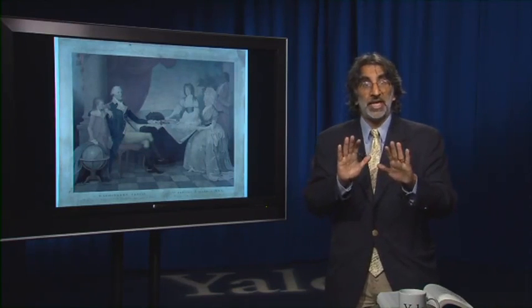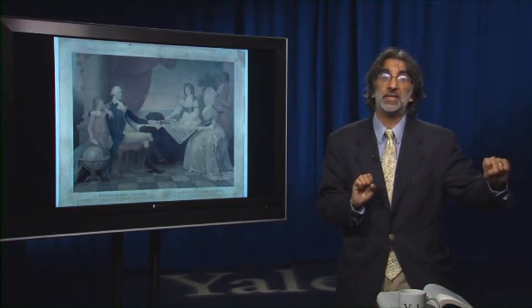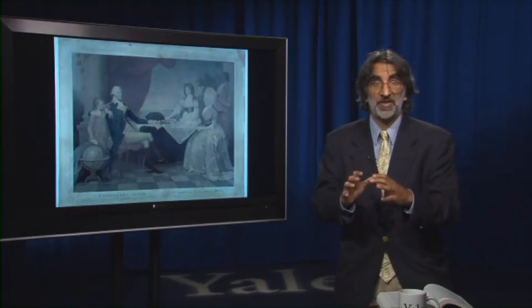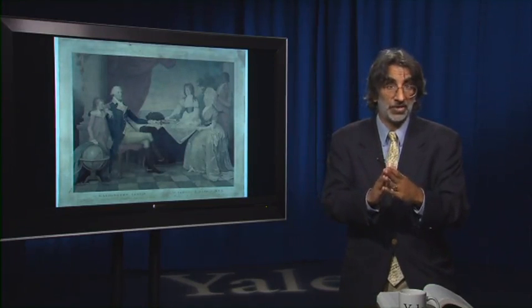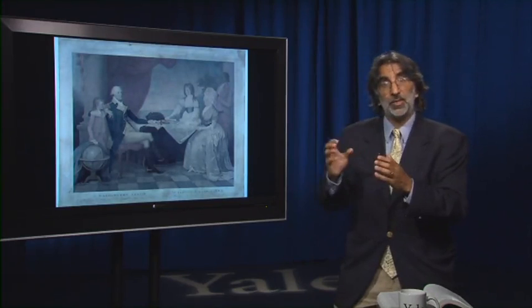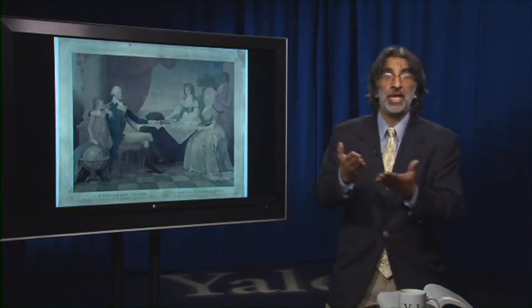So in states, most of the state legislators are picked annually. But members of Congress, House of Representatives every 2 years, biannually, senators every 6 years. So a 4-year presidency kind of roughly counterbalances 2 and 6.